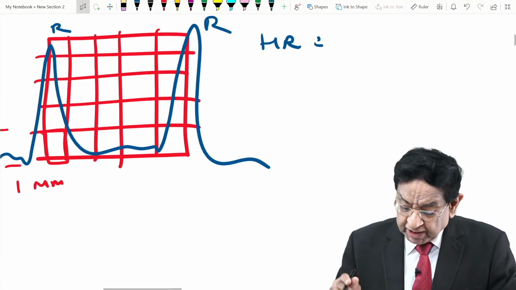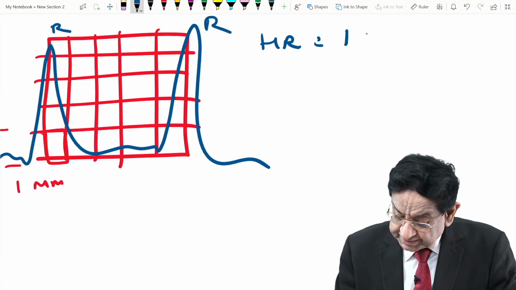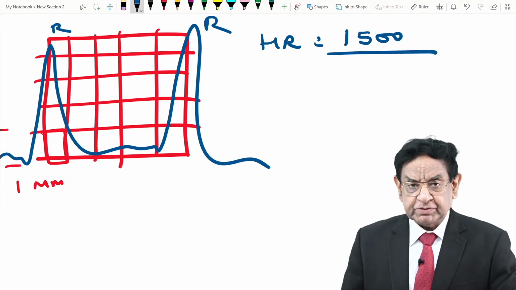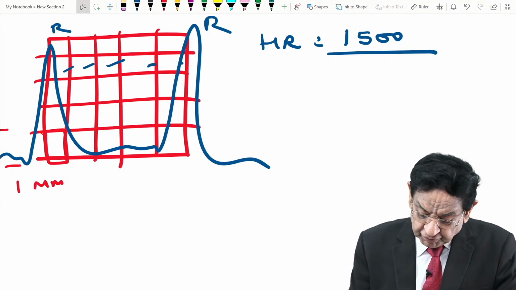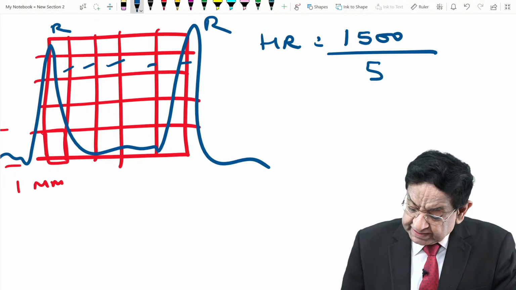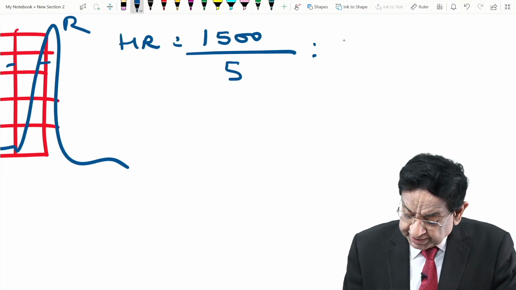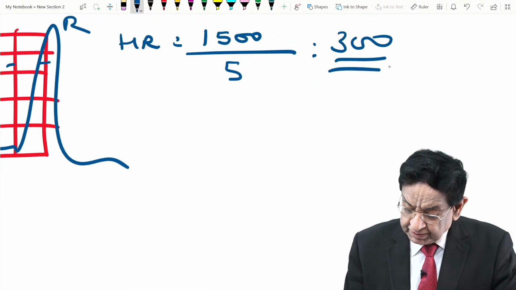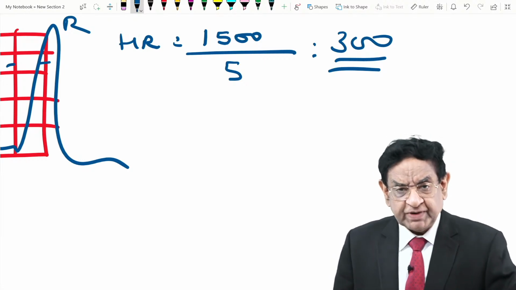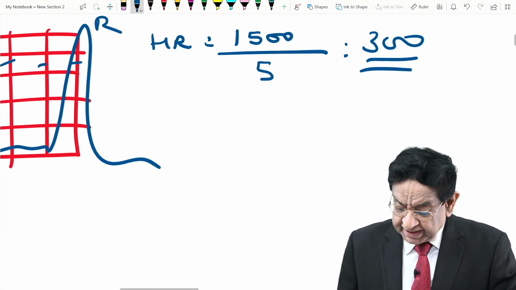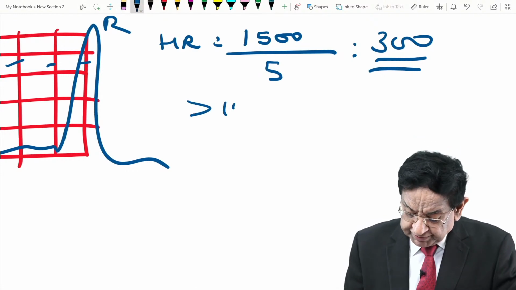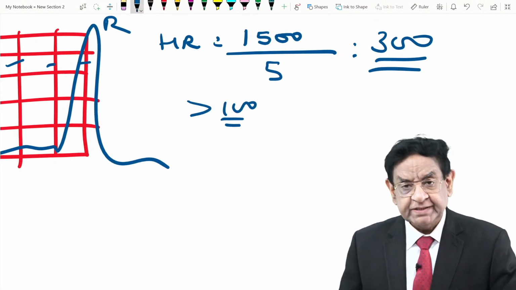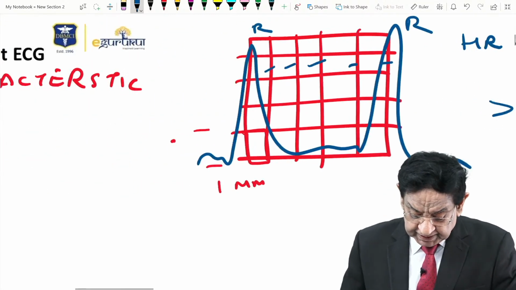The right way to calculate heart rate is 1500 divided by the number of small squares between two R waves. 1, 2, 3, 4, 5, so 5. In this case, the heart rate is 300. So the first thing we learned is how to calculate heart rate. Whenever you get a heart rate more than 100, we call it tachycardia. This is the most common finding.